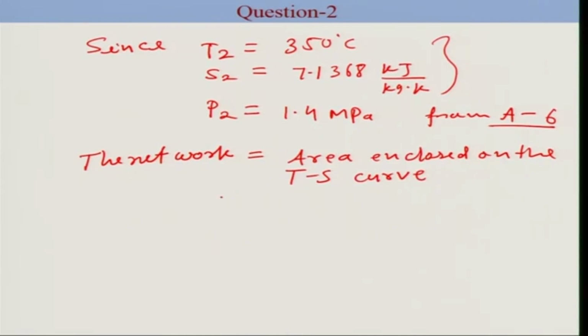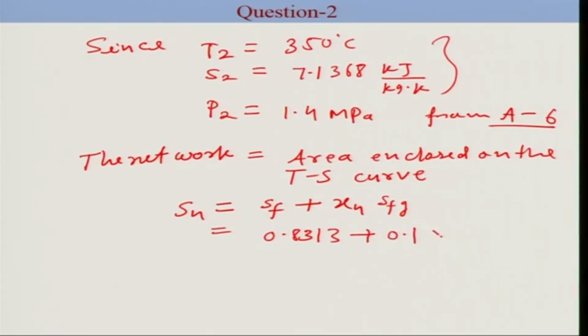For that we need to know the entropy of state 4, which will be equal to the entropy of the fluid plus the quality of state 4 times SFG. So, SF is 0.8313, quality is 0.1 and SFG is 7.0769. Now, after solving it we get 1.539 kilojoule per kg Kelvin.